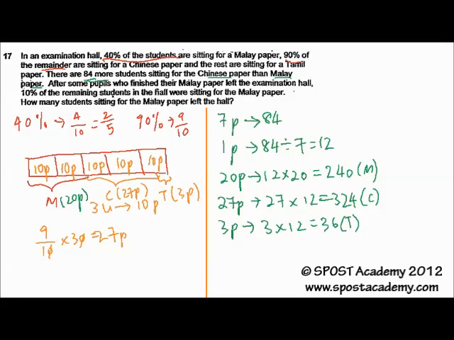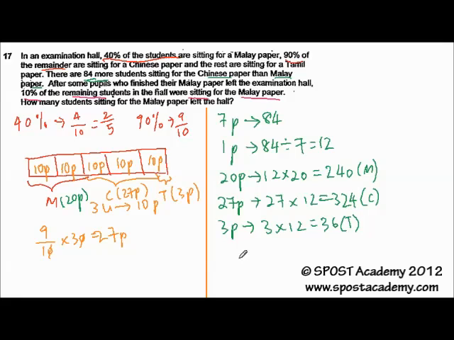After that, it says that after some pupils who finished their Malay paper left the examination hall, 10% of the remaining students were sitting for the Malay paper. Which means that those students who were taking Chinese and Tamil did not leave the hall.